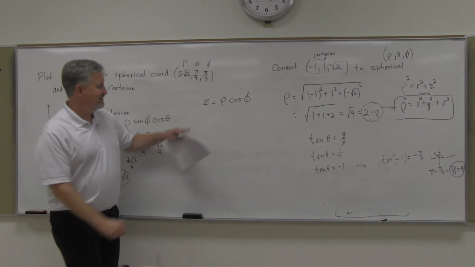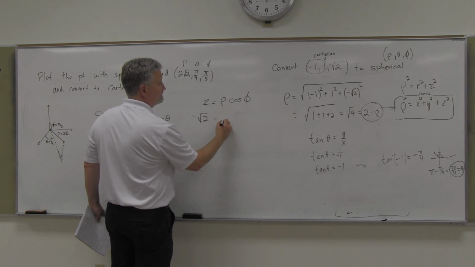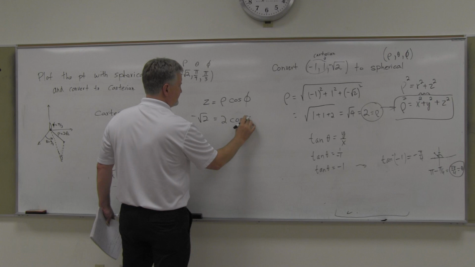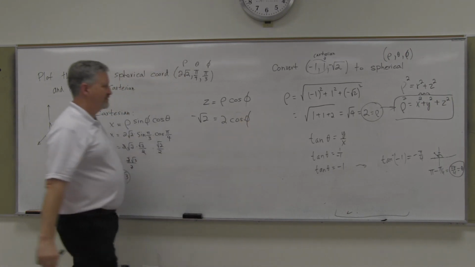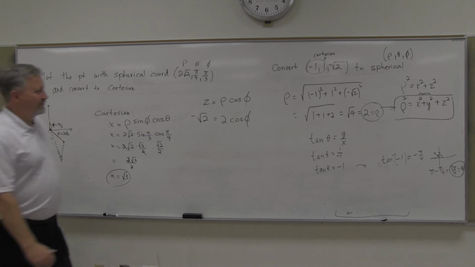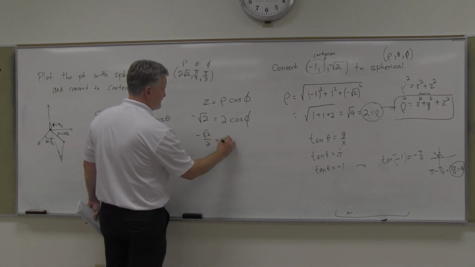I've got z, and I've got rho. So negative square root of 2 over 2 is cosine phi.